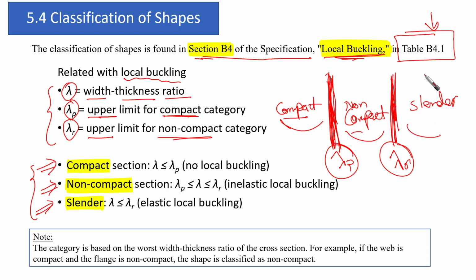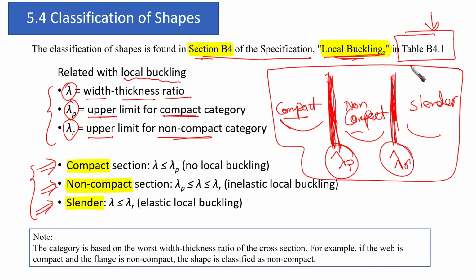So this is how we are going to control the cross section and classify the shapes based on the width to thickness ratio. For the compact sections, lambda should always be less than or equal to lambda p. So there is no local buckling here. In this case, no local buckling. Do not care about the buckling of the cross section. I'm talking about local. Still, we are under the measures for instability, but instability of local buckling, but we need to classify the elements first.